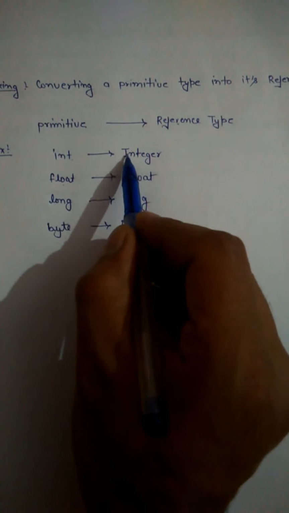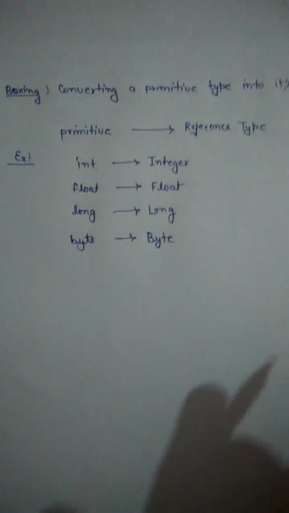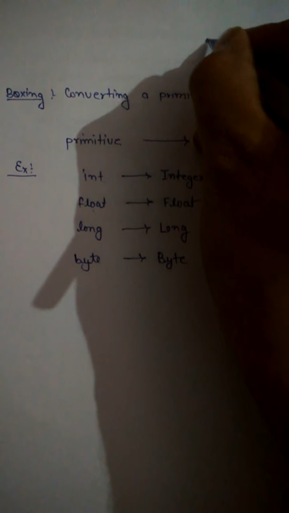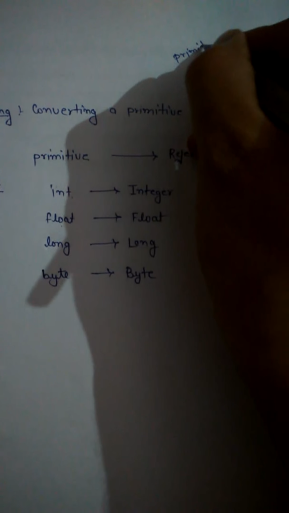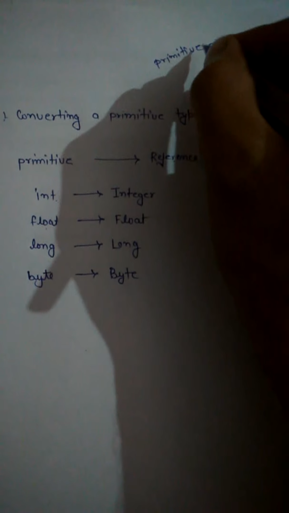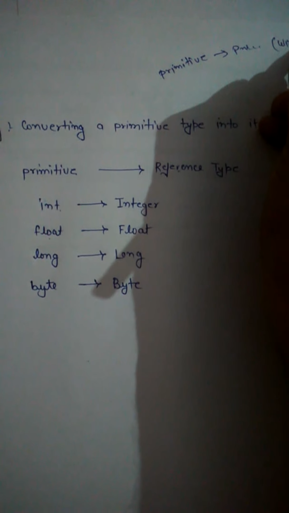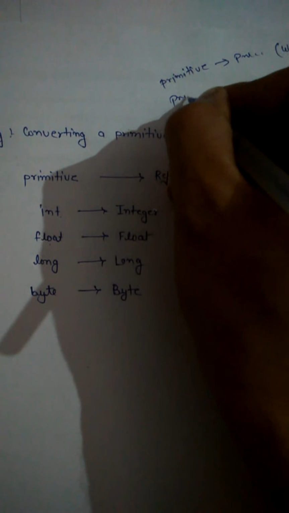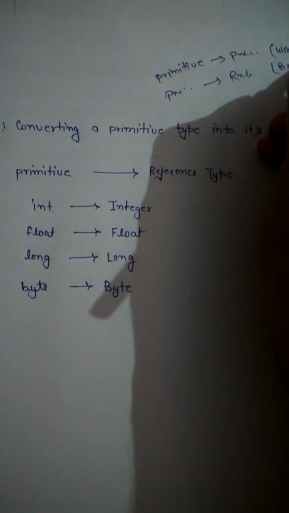Integer to Integer, float to Float, long to Long, byte to Byte. Keep in mind, from primitive to primitive, that is widening, and from primitive to reference, this is boxing.